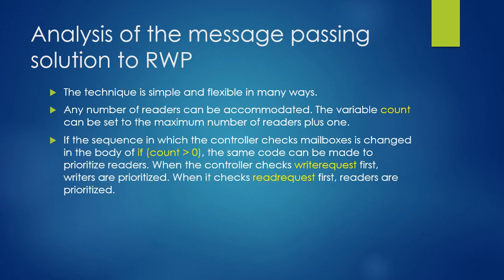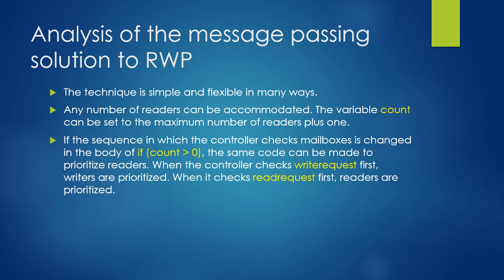If the sequence in which the controller checks mailboxes is changed in the body of if count is greater than 0, the same code can be made to prioritize readers. If you remember, when the controller was checking mailboxes, it went in a certain sequence. First, it checked the finished mailbox, then the write request mailbox, then the read request mailbox.